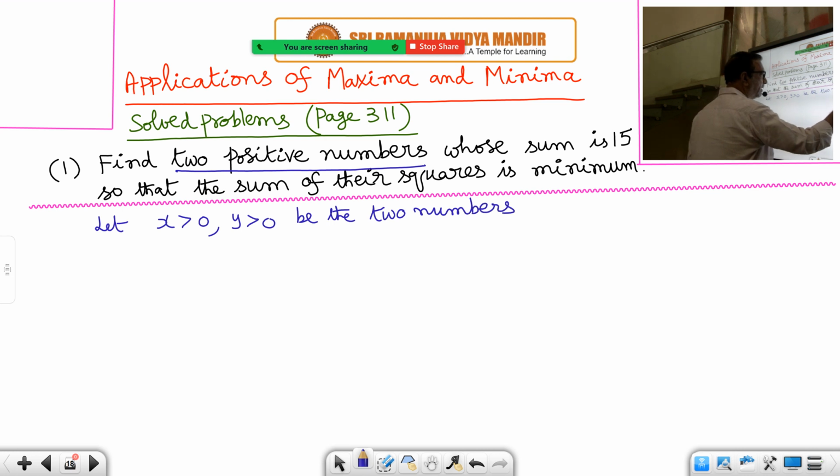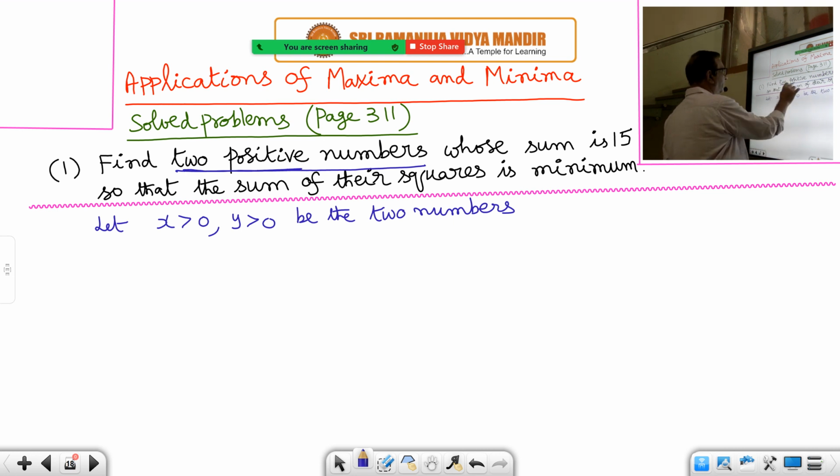Two positive numbers, yes, it is said, is it not? So Madhuri, are you there in the class? Yes, sir. Okay. Let x greater than 0, y greater than 0 be the two numbers, two positive numbers. Whose sum is 15? That means x plus y is equal to 15.